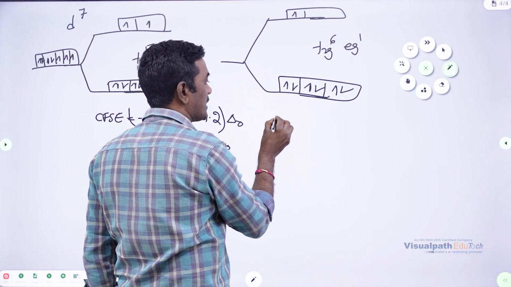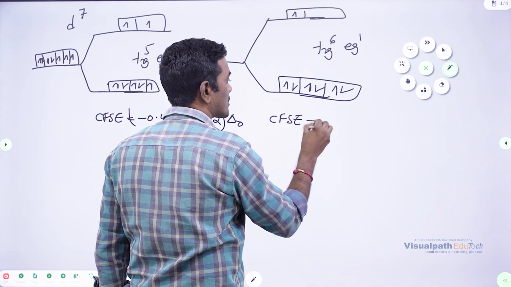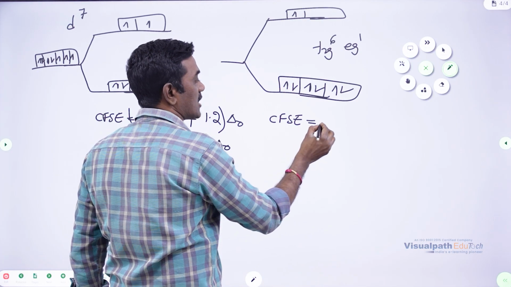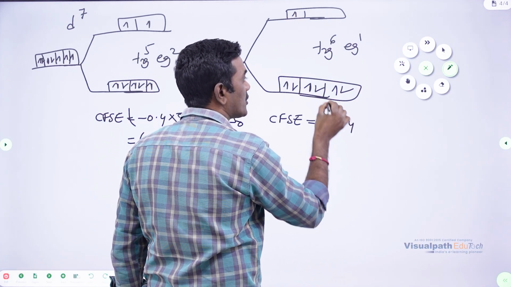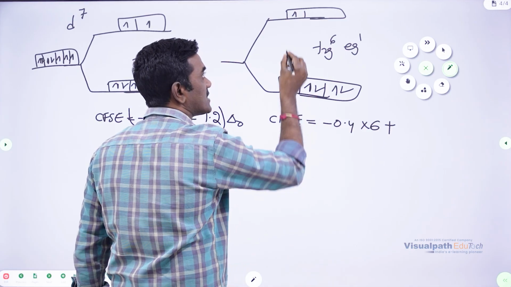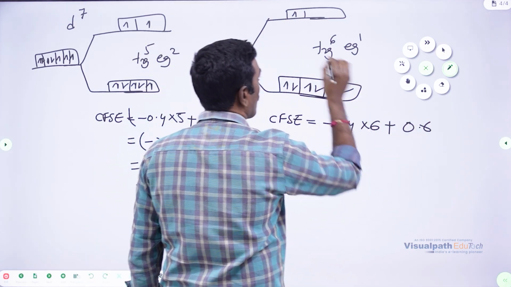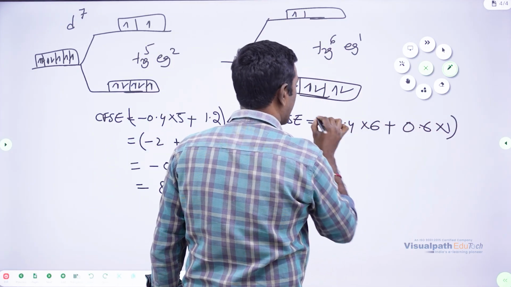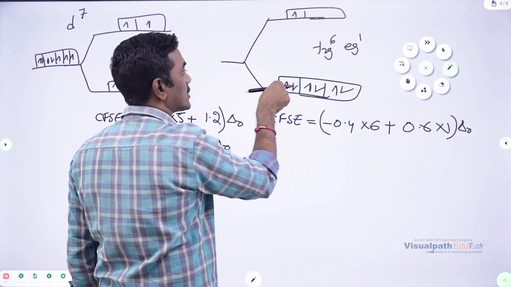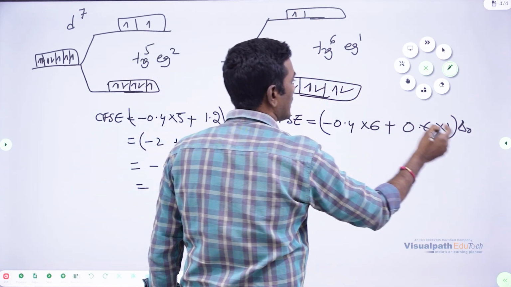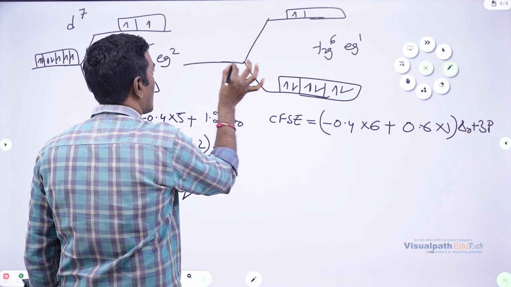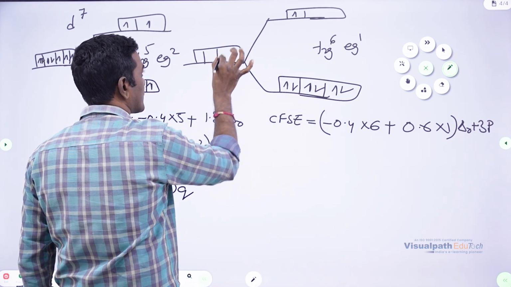In the case of this one here, CFSE is equal to how much? We can calculate like this, right? It is easier to calculate also. Minus 0.4 into t2g. How many t2g? Six. Plus 0.6 into eg. How many eg? One, delta naught. How many pairs are there after ligand approaching? One, two, three. 3 pairs. How many pairs are already there before the ligand approaching?